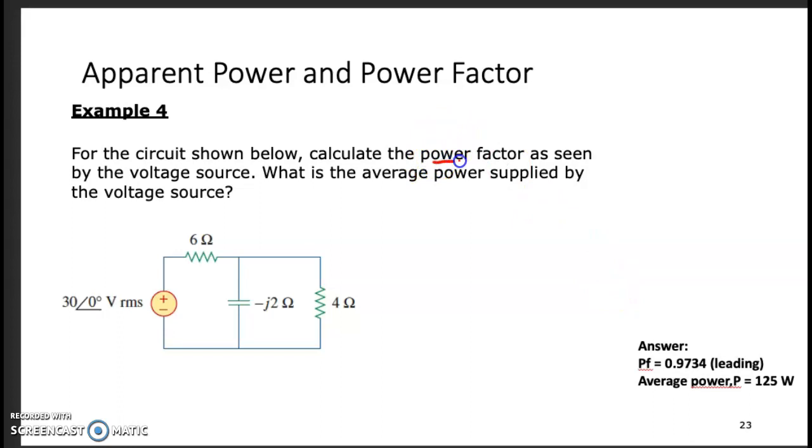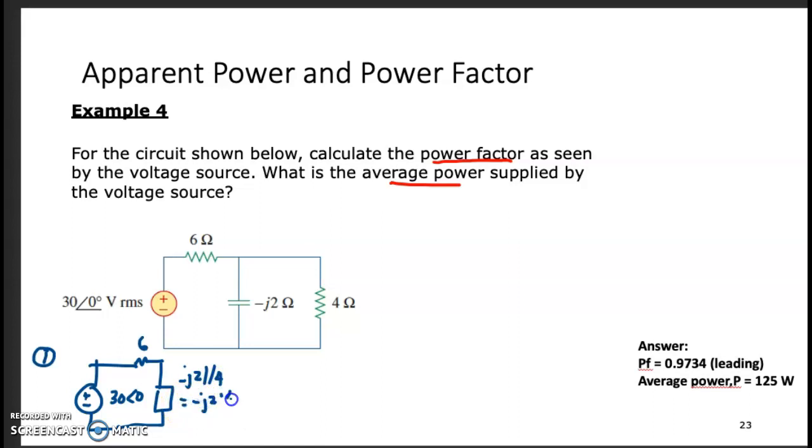So the question says here you need to calculate the power factor and also the average power supply. Okay, so first step, you need to simplify the circuit. You don't need to change anything because this is already in phasor form. So it becomes 6, and here is Z1, minus j2 parallel with 4. So minus j2 multiplied by 4 divided by 4 minus j2 is equal to 0.8 minus j1.6.